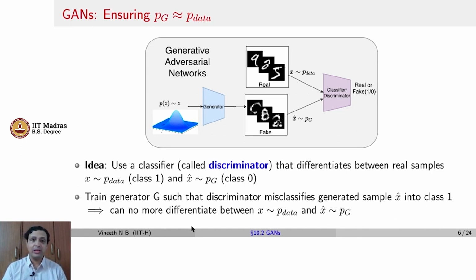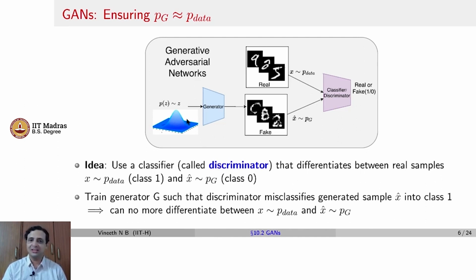So the way we are going to equate PG and P data is through this discriminator, which the generator will seek to confuse. The job of the discriminator is to separate the fake or the generated samples from the real samples, and the job of the generator is to fool the discriminator.